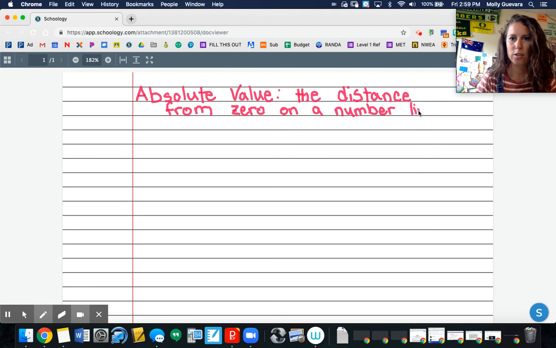So that's actually why absolute value is always positive, right? I think we kind of know absolute value always makes it positive, but why? Okay, because we're talking about distance.